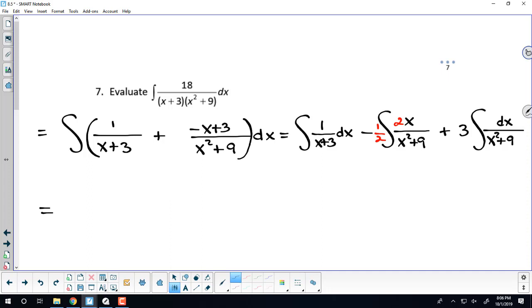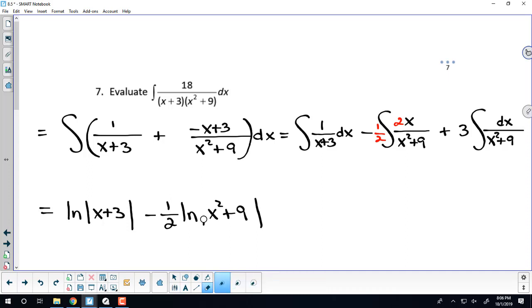So we've got the natural log, absolute value of x plus 3. We got minus 1/2 natural log, absolute value of x squared plus 9. Since x squared plus 9 is always positive, technically we wouldn't need these here. So if you want to have them, that's fine. If not, also fine.